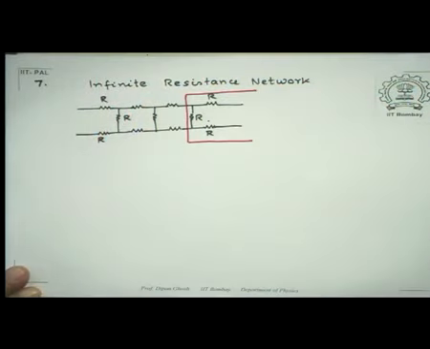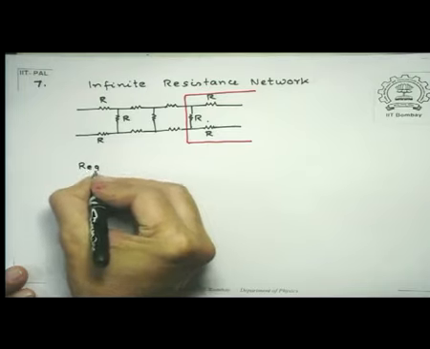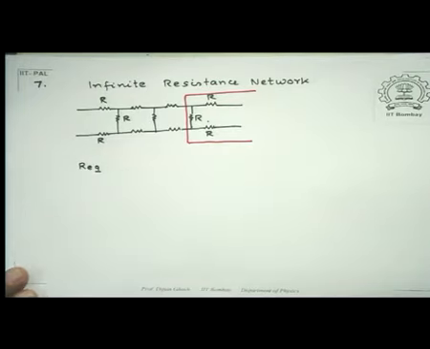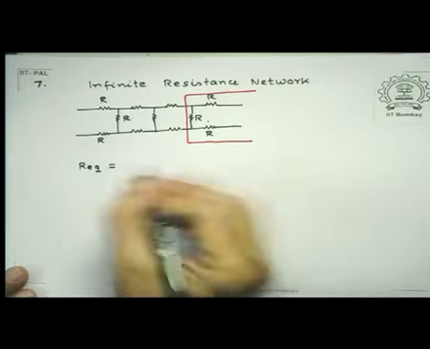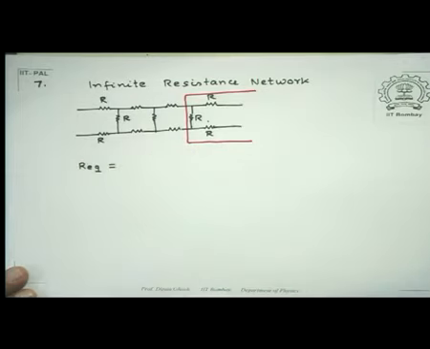So therefore, if my equivalent resistance for the whole network is Req, then after I cut it out, what remains is also Req. You take out an identical section from the end of an infinite network, you are still left with an infinite network.